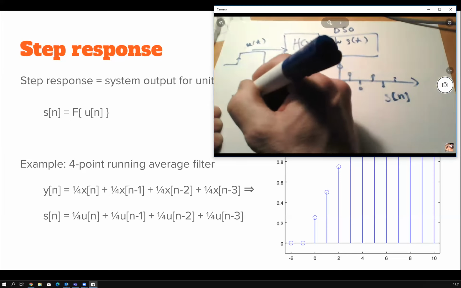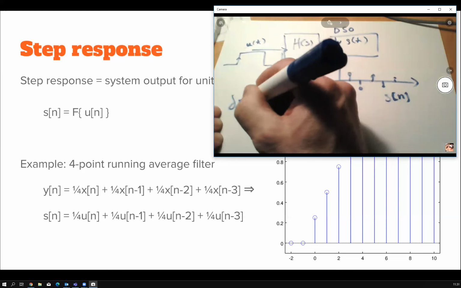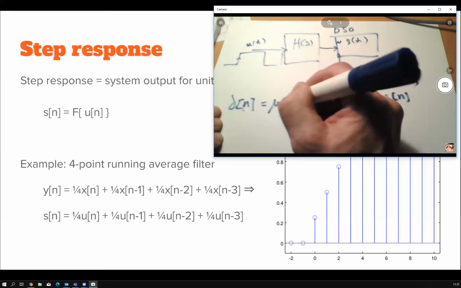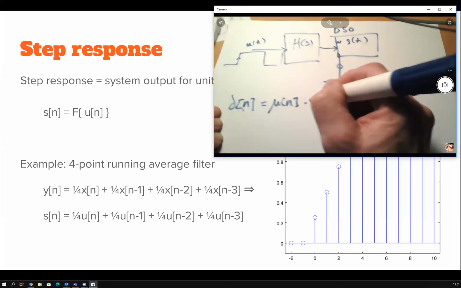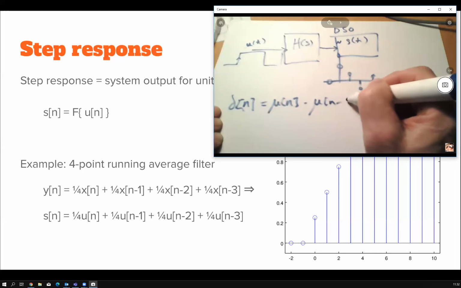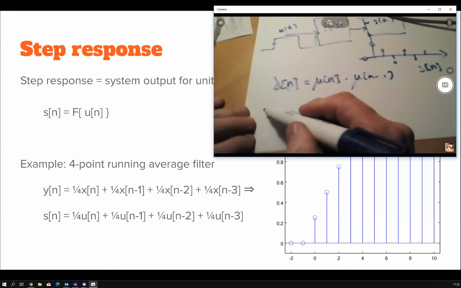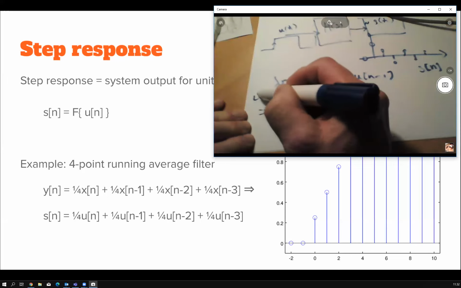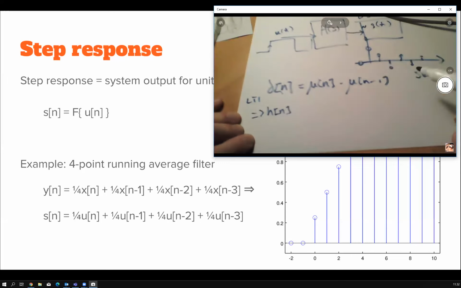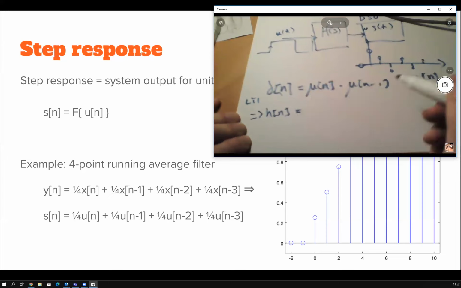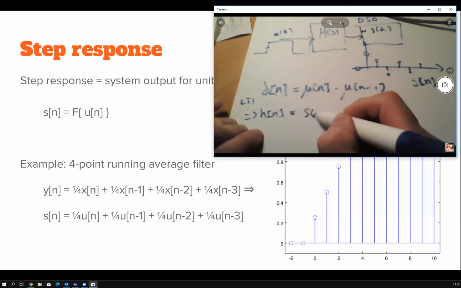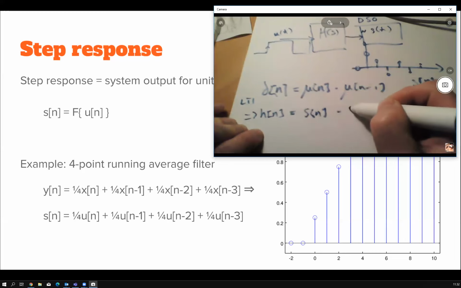Think of one of the previous topics. So delta n is actually mu of n minus mu of n minus 1, which means that for linear LTI systems, h of n is s of n minus s of n minus 1.